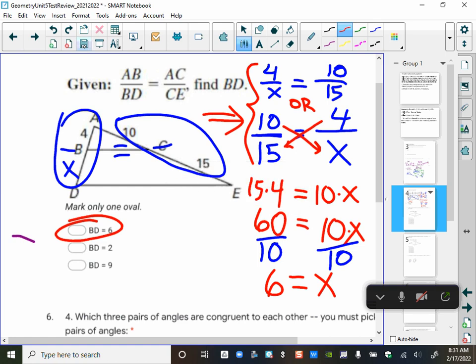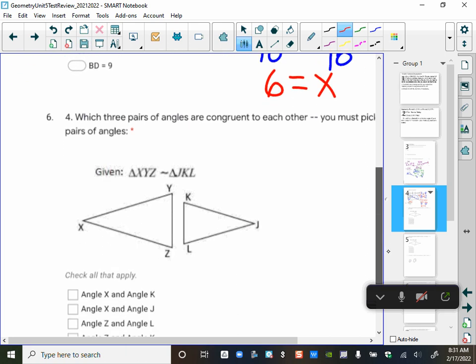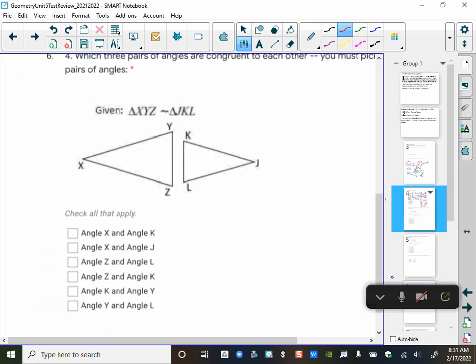Okay, questions before we continue? Okay, the next 2 problems are two of the few where you may not have to worry about diagonal proportion multiplication, all that business.